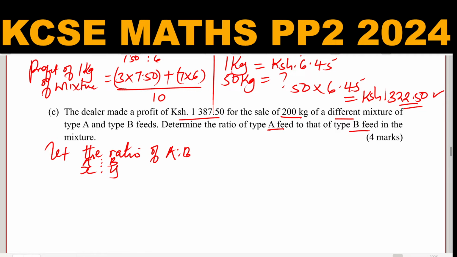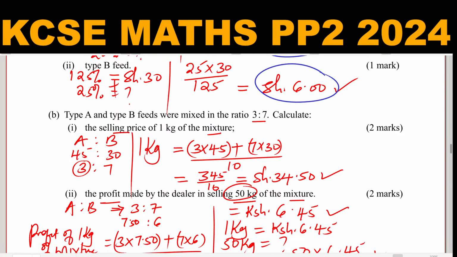Since we have the profit for type A, we got it in the other part as 7 shillings and 50 cents, and then for type B we got it as 6 shillings. So this is what you're going to use.